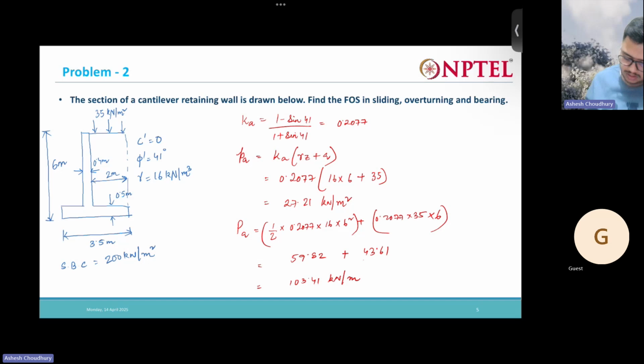Okay, so let us call this capital P1 and this capital P2, for later reference, so that it's easier for us later on. Here P1 is the rectangular distribution, and P2 is the triangular distribution.